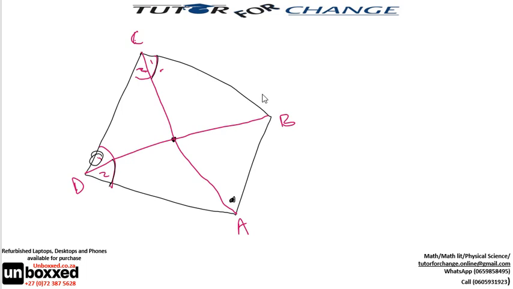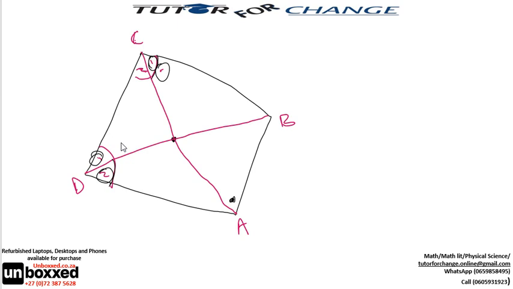So you have to be creative when you're proving a cyclic quad, and it will all depend on what you are given. So that is what is important. So proving that C1 is equal to D2 from what we have proven already, angles in the same segment.